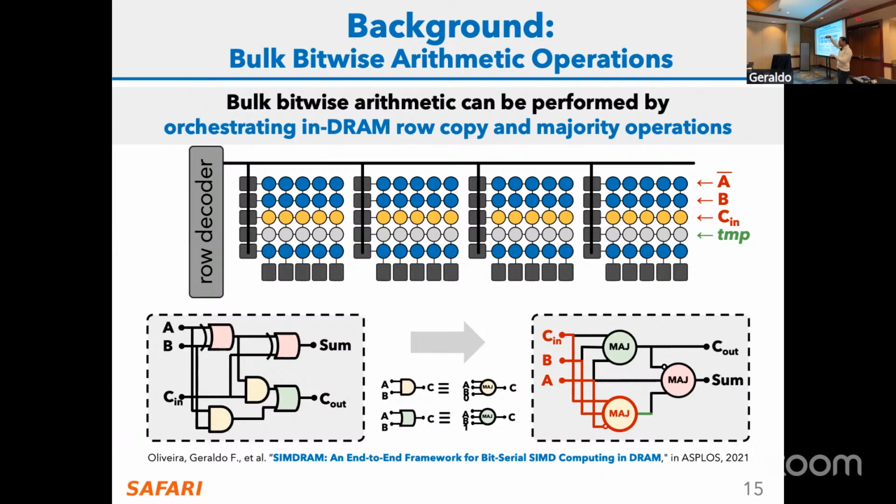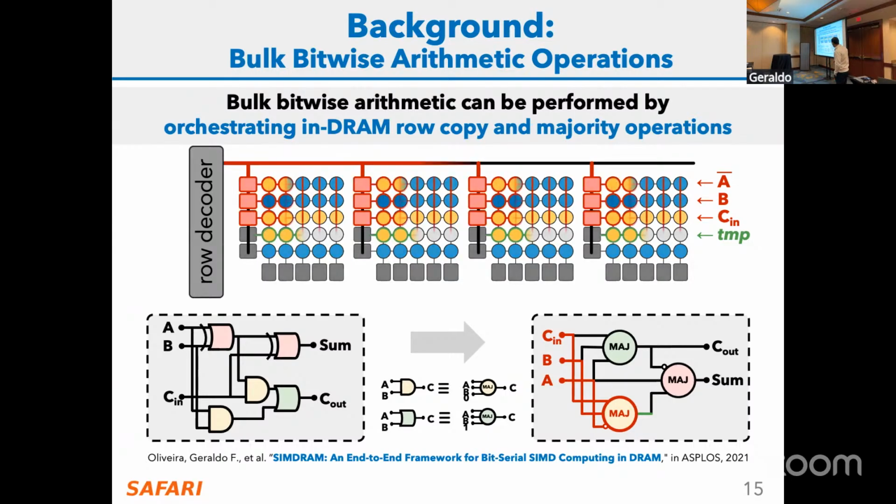What we do is basically, if you do the regular activation, half of the data is going to be negated at the other end of the local sense amplifier. Usually we don't read that because you're interested only in the regular data, but then we can just use that data for the NOT operation.